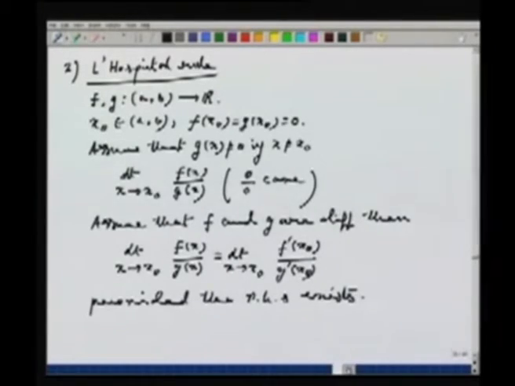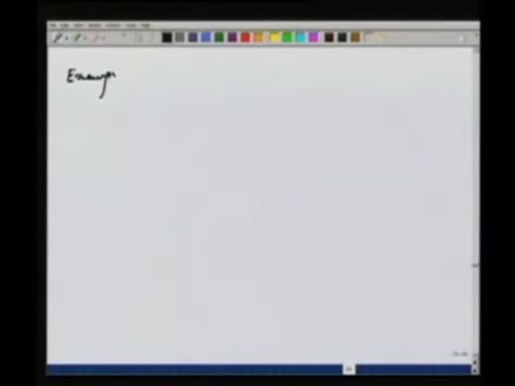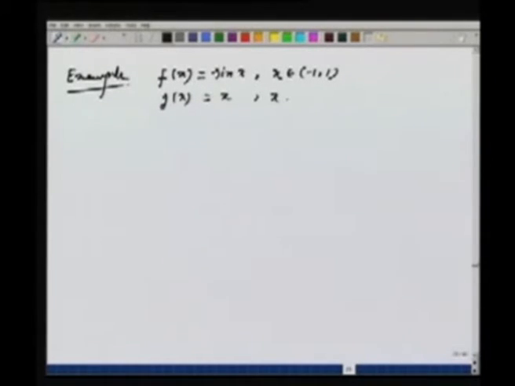As quick examples we can look at, let us say f(x) equals sin x, x in (-1, 1), g(x) equals x, x in (-1, 1), and I am interested in finding the limit as x goes to 0 of sin x by x.